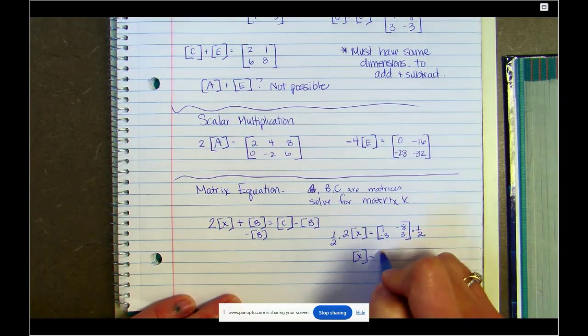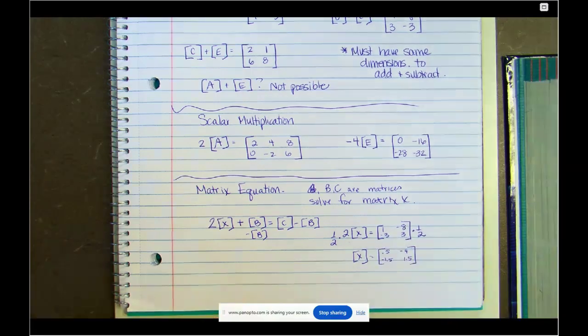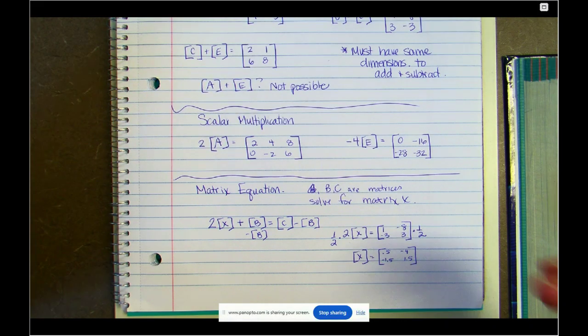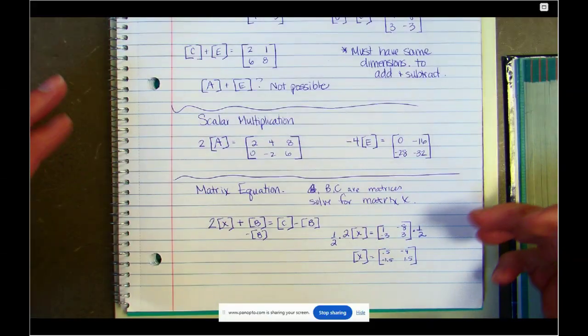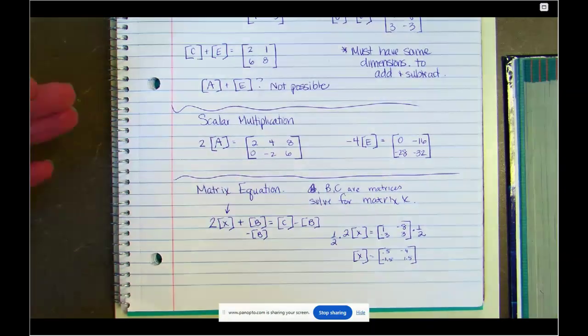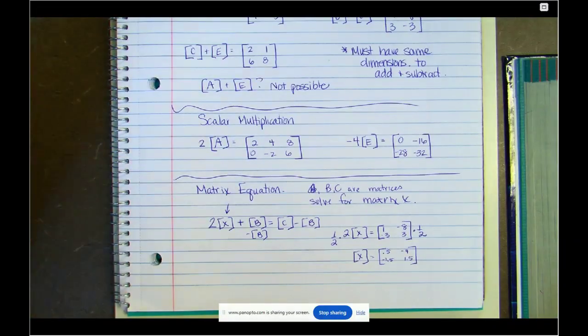So then it would be 0.5, -4, -1.5, and +1.5. Do you guys have any questions on this? Because if we're okay, I'm going to move on. It's like solving this, getting an X by itself. What do you have to do? Subtract, just like if it was an equation and these were numbers.